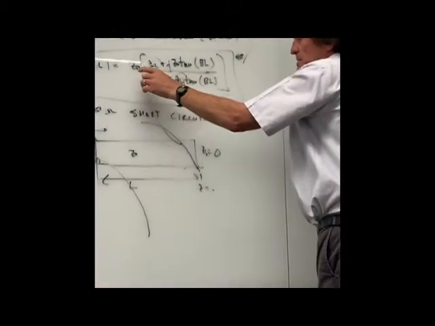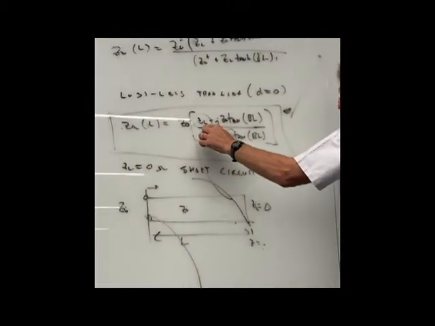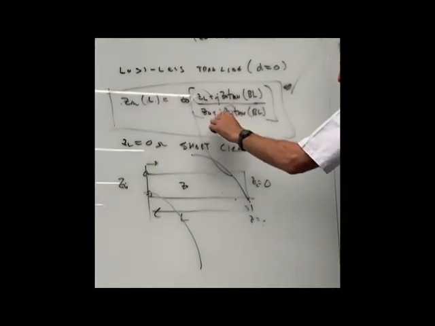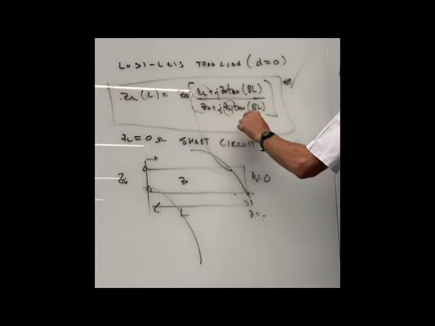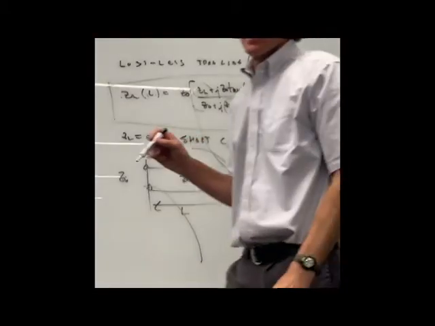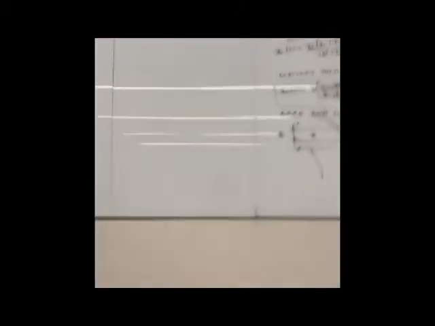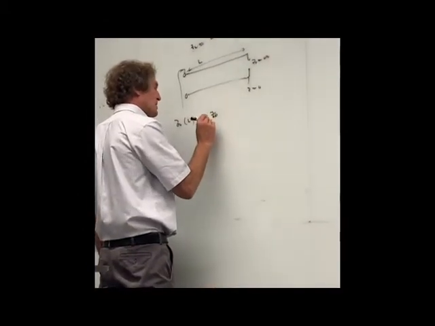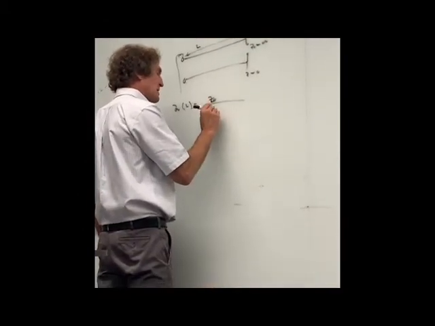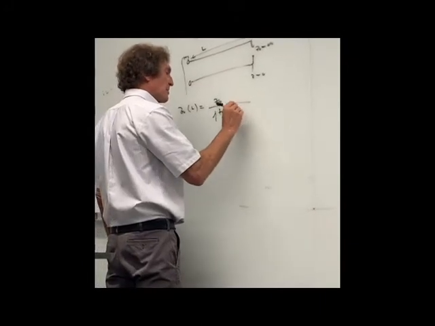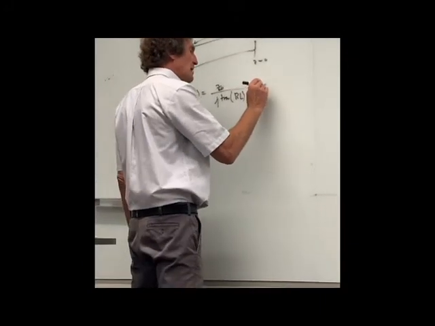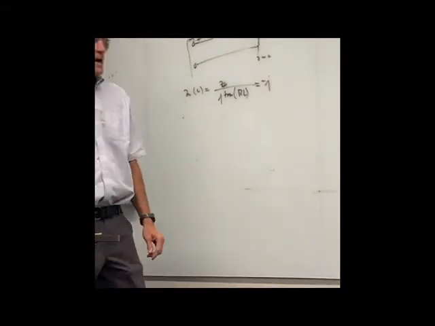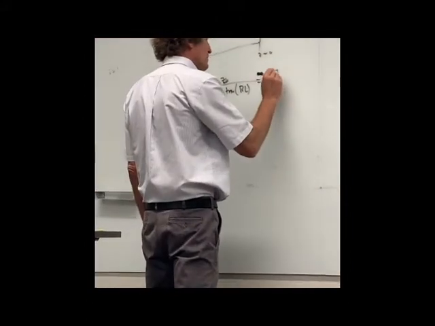So what happens is I have Z naught times ZL divided by jZL, where the ZLs cancel, and I have Z naught over j tangent beta L. So I can say it's Z naught over j tangent of beta L, or I can say it's minus j. 1 over j is minus j. Do you agree with me there? And then it would be times Z naught.